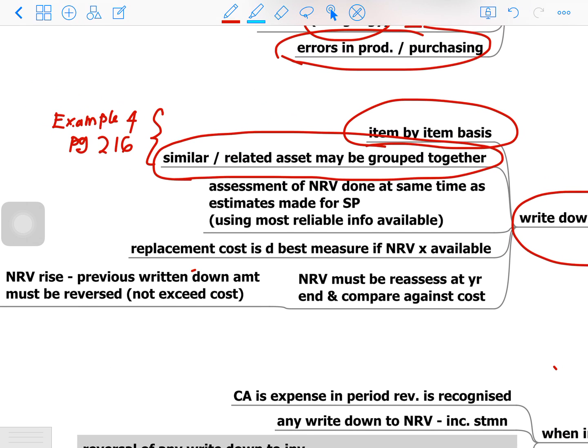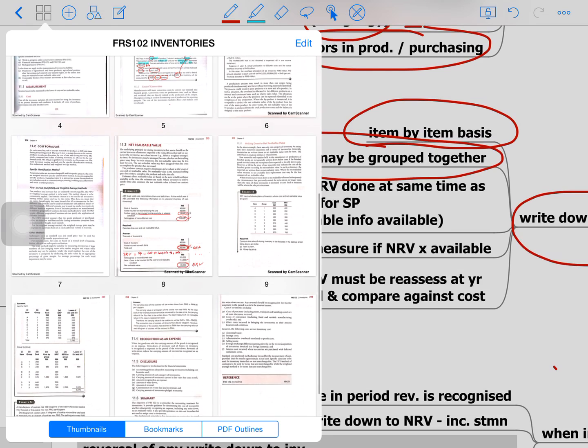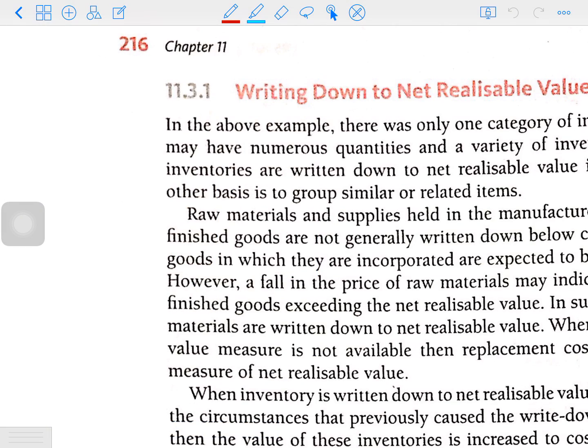Next, we will look at example 4, which is on page 216. Here we have RST, which has the following items of inventory. There are many types of inventory, items A, B, C, D, E, F up to I, and you can group them according to type.